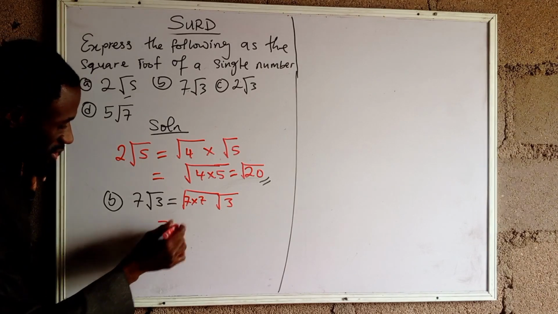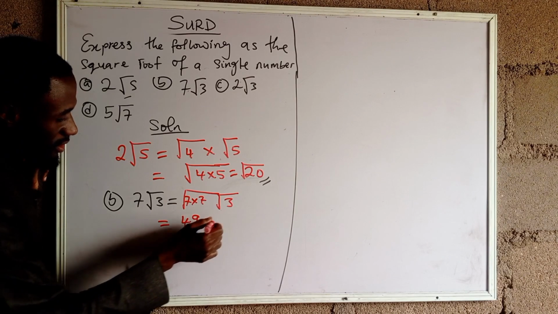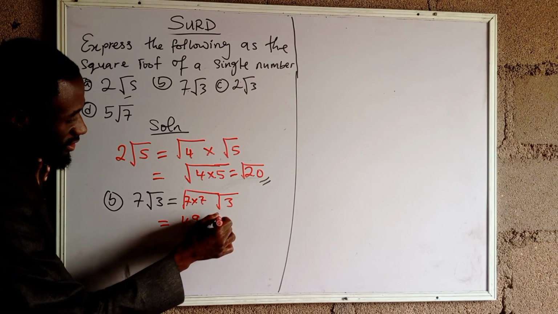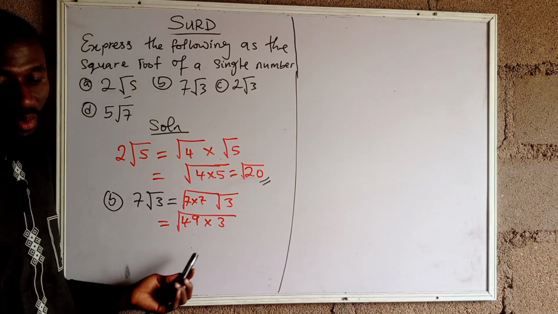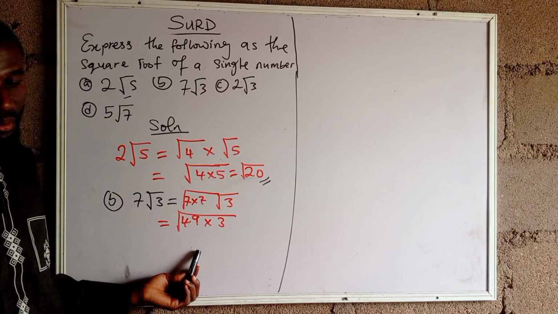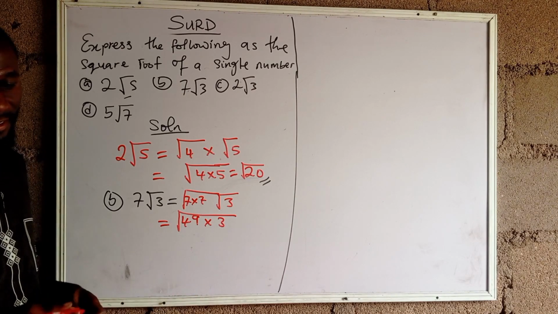Then this is equal to 7 times 7, so we have 49, multiplied by 3, all in one umbrella, which is called the square root. Okay, that is 49 times 3.